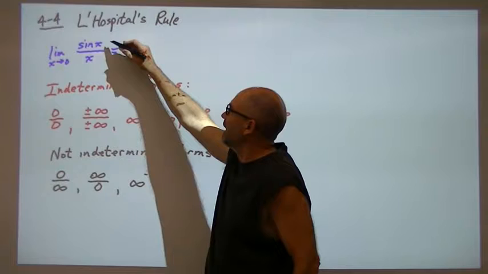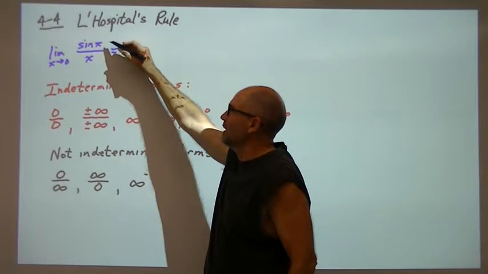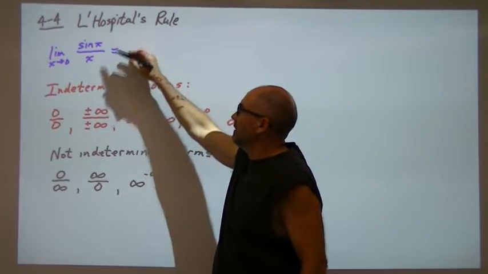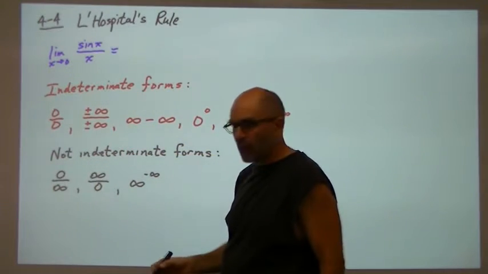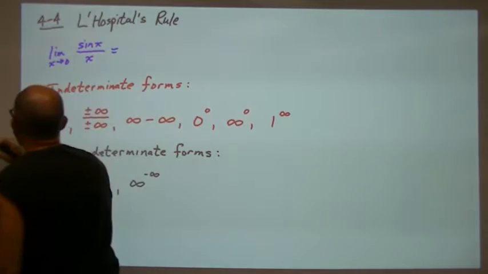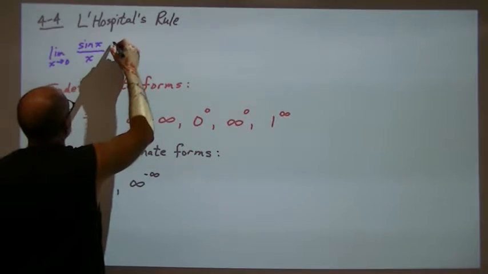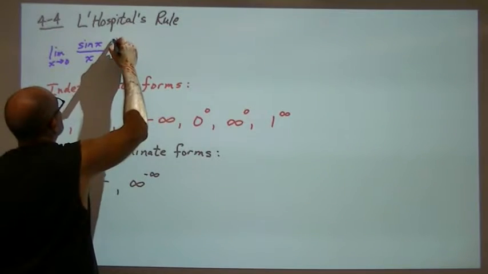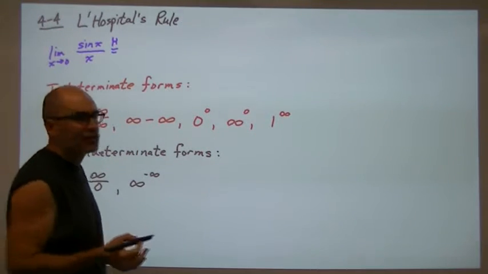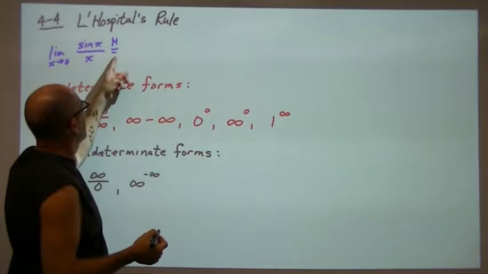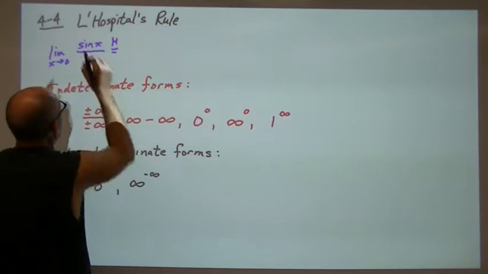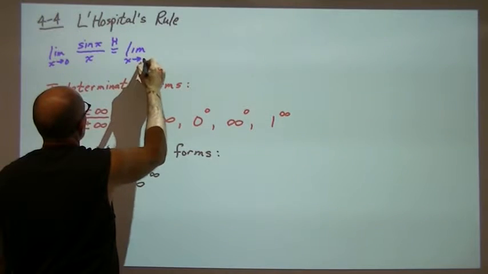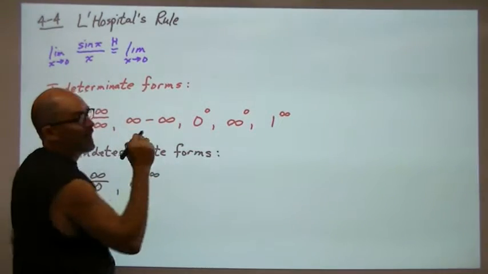If I let x approach 0, then sine 0 is 0, and I have 0 over 0. That is an indeterminate form. So I take L'Hôpital's rule, and the symbol that says I'm doing L'Hôpital's rule is to just put a capital H over the equal sign, and now I take the derivative of the top and the bottom. And don't forget your limit statement, because we're not just evaluating the limit yet.